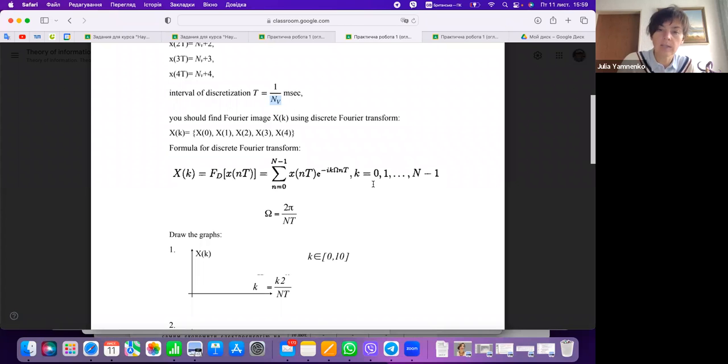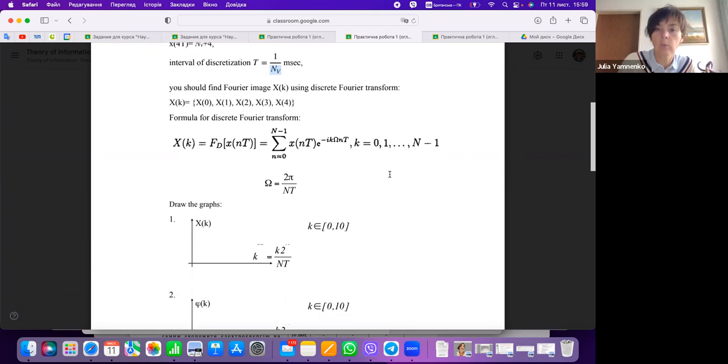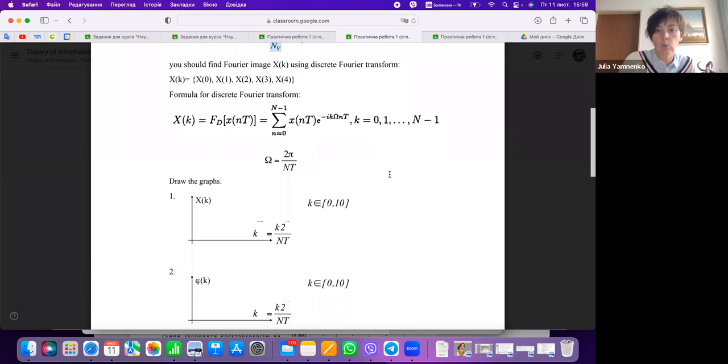But for all others, in the general case, each component of the spectrum will be a complex value. So your task is to calculate each of them and to write down X capital from 0, from 1, from 2, from 3, and from 4.